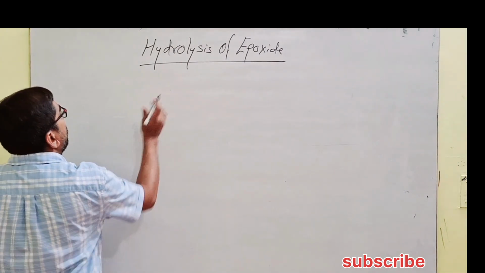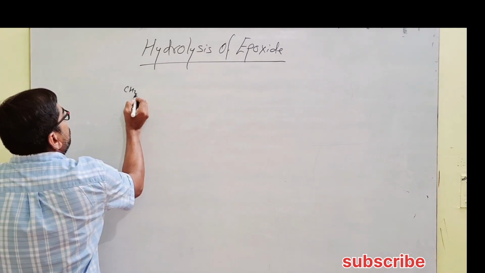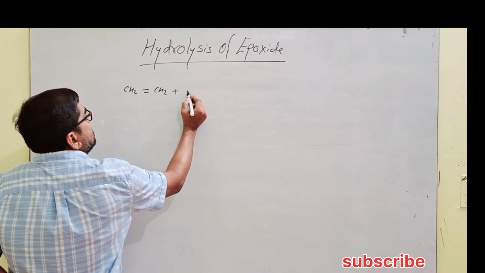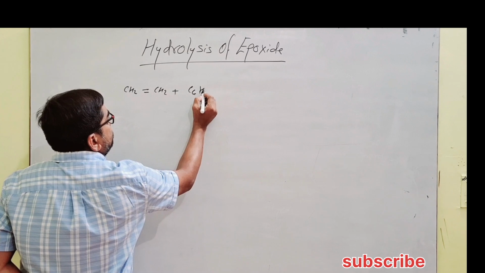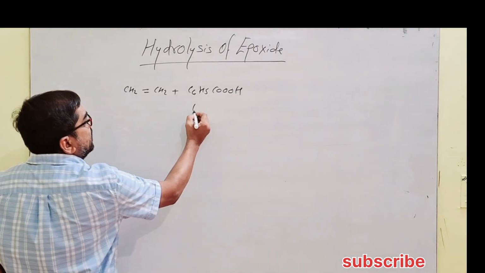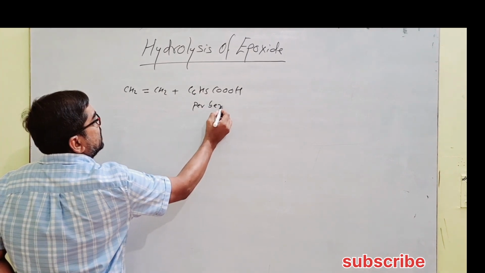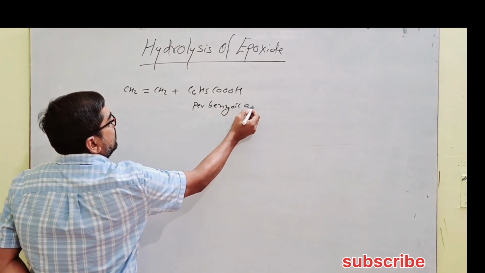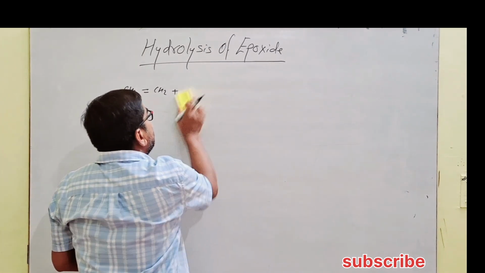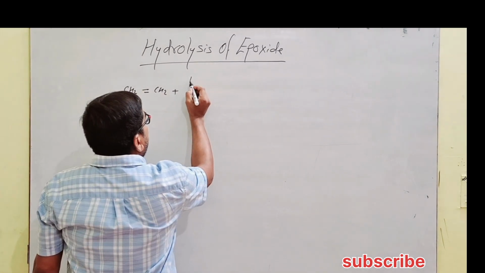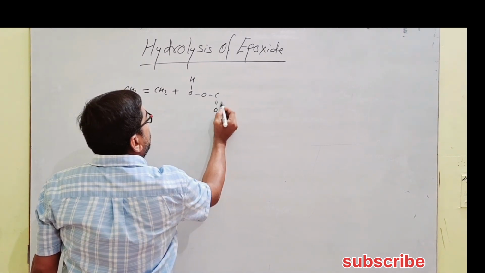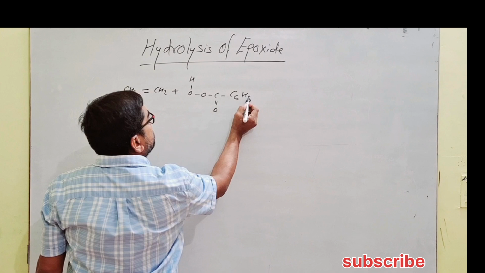Like CH2=CH2 with C6H5COOH, perbenzoic acid. We can write this perbenzoic acid like H-O-O-C(=O)-C6H5.